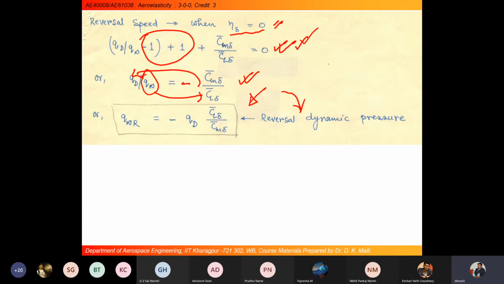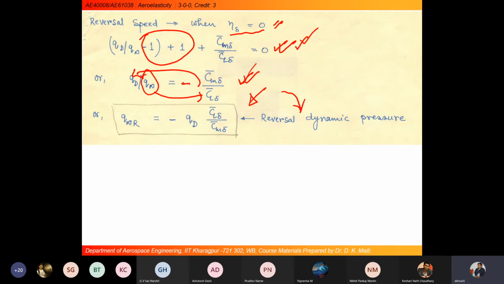Let it be in this form. So this condition basically signifies the control reversal speed. We define this q infinity as q infinity reversal. So finally we can write q_D times minus Cl delta bar by Cm delta bar.